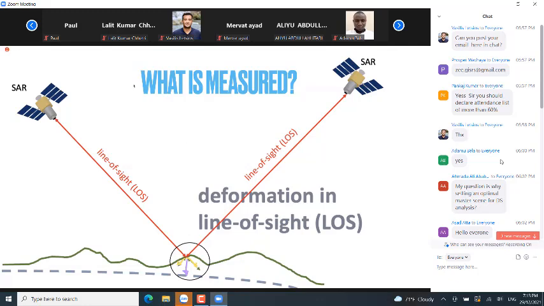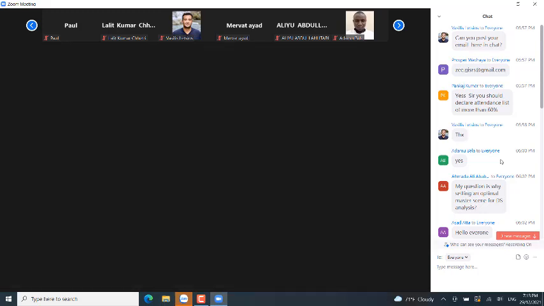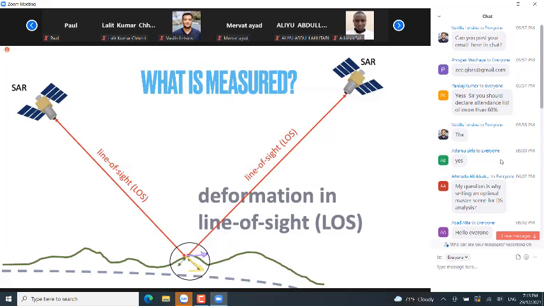But what's happening with horizontal motion? Let's say we're moving in this direction. The first sensor will have a motion in this direction because it's moving away from the sensor. But the second one will have motion toward the sensor.